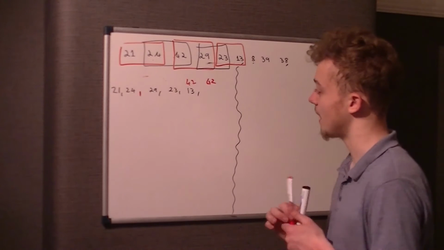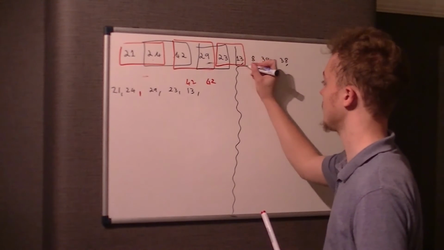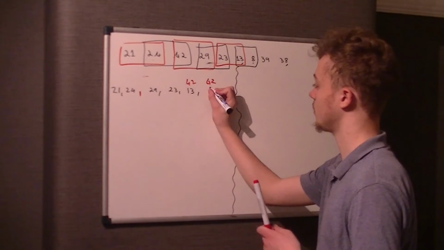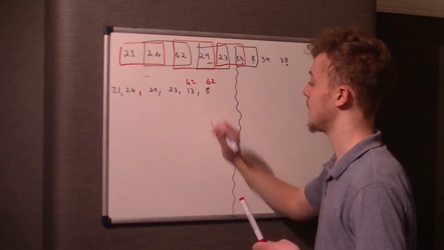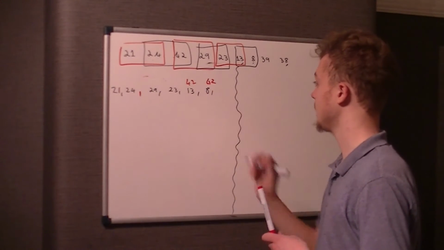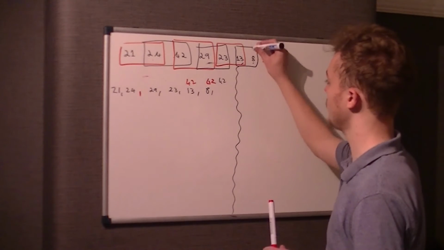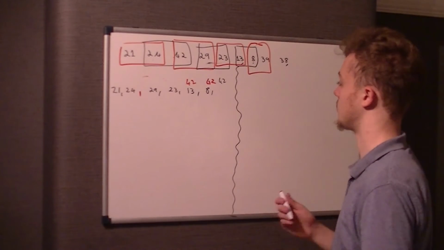We compare where 13 was, because that's where 42 now is, to the next one. So we compare 42 and 8, and quite clearly 8 is smaller, so we write 8 there. Now we compare 42 to the number next to 8, which is 39.